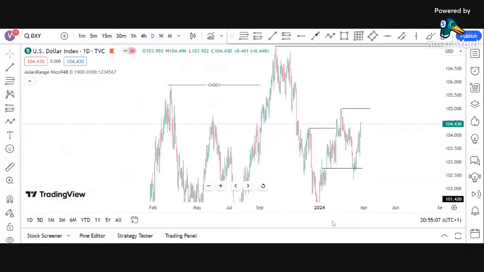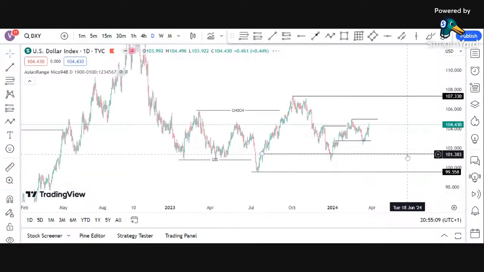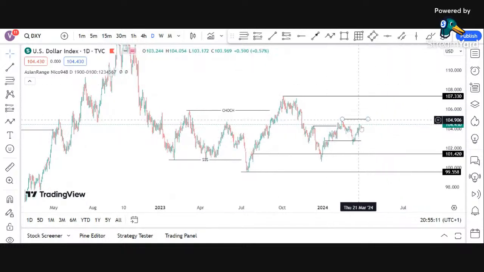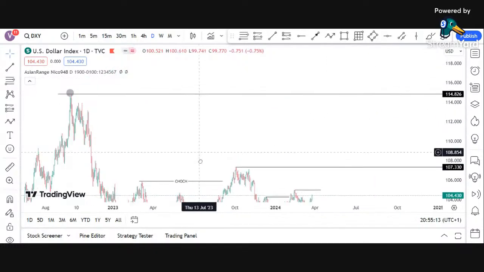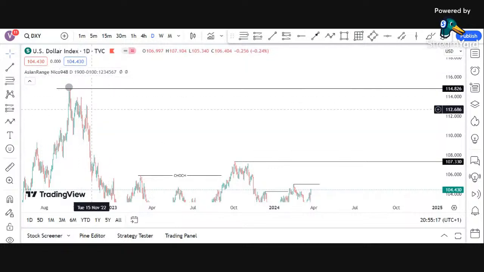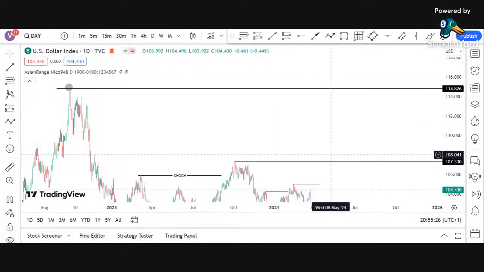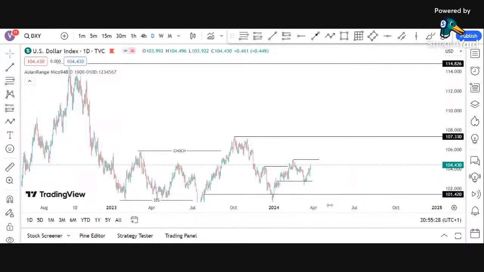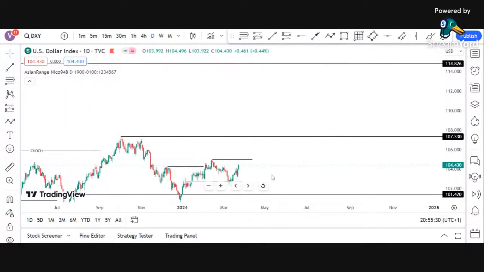So from tomorrow, we should be seeing a push to the upside. Remember that our overall level is this region of relatively equal eyes, old eyes. So that's for DXY, right? We have our direction for DXY is bullish.